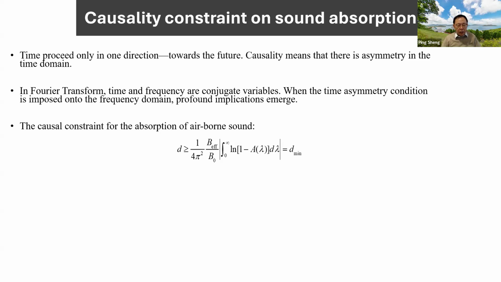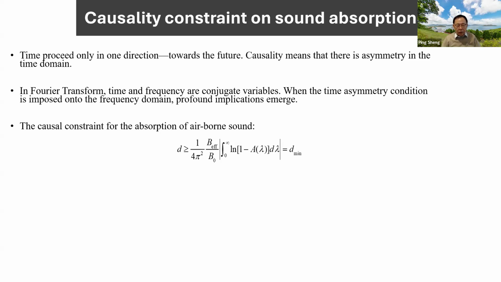So here D is the sample thickness, and B effective is the bulk modulus of the sample. And B naught is the bulk modulus of the ambient medium, the matrix medium. And here, just for airborne sound, it's just atmospheric pressure, 1 atmosphere. And it is assumed that the absorber is placed on a rigid reflecting substrate.